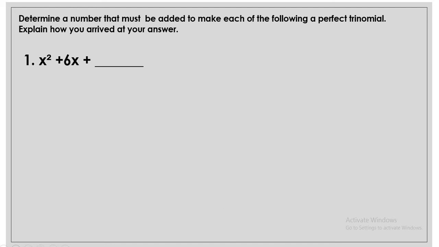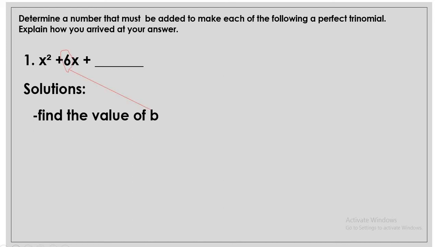So the first step that we're going to do here is to find the value of b. In my last discussion, I already discussed how to find the values of a, b, and c. In this example, the value of b is 6. Now what are we going to do with the value of 6? We will divide it by 2.